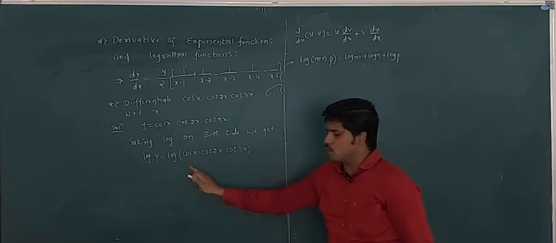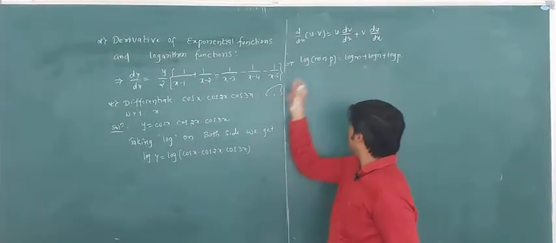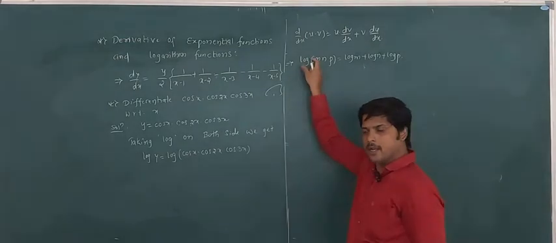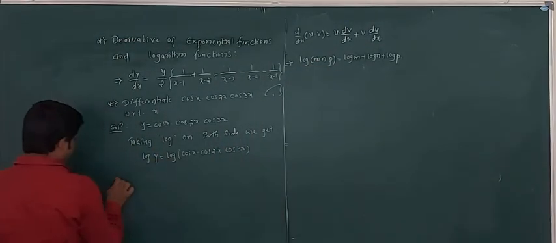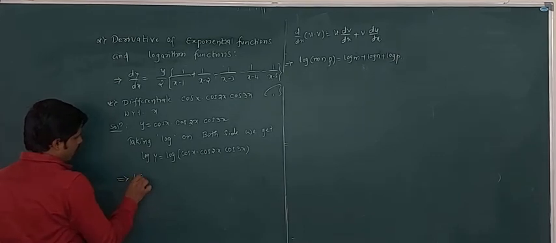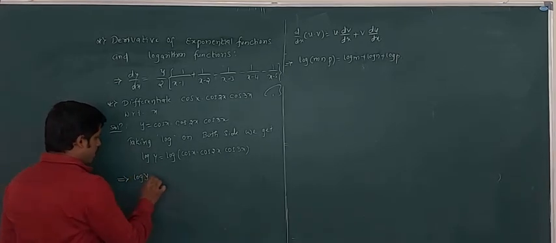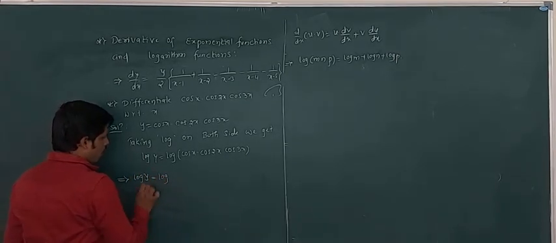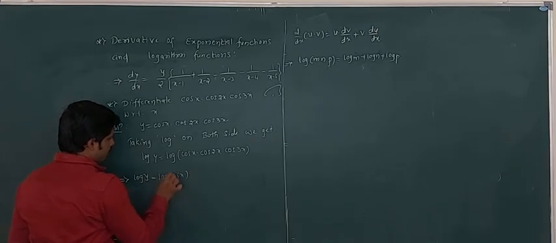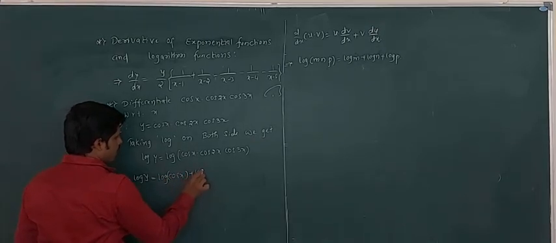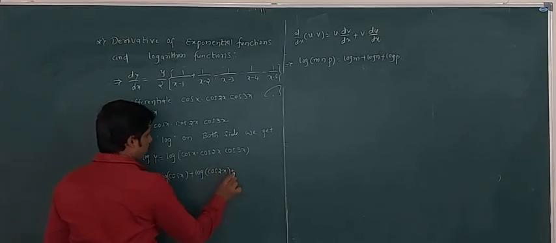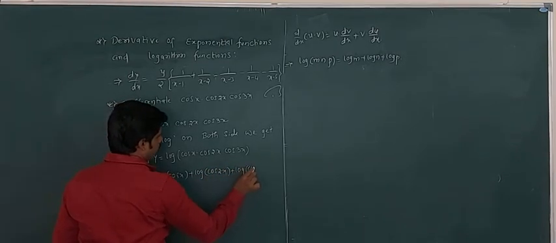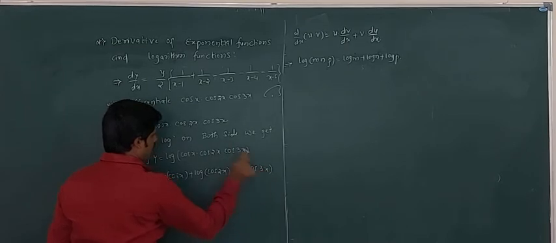So comparing these two, we have cos x equal to m, cos 2x equal to n, and p equal to cos 3x. Then by applying the logarithm property, we get log y is equal to log of cos x plus log of cos 2x plus log of cos 3x.